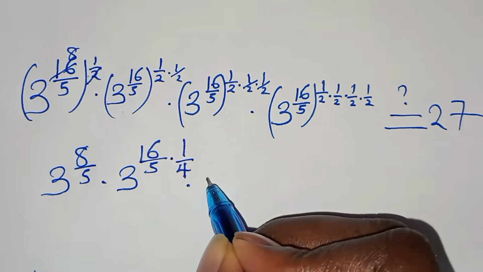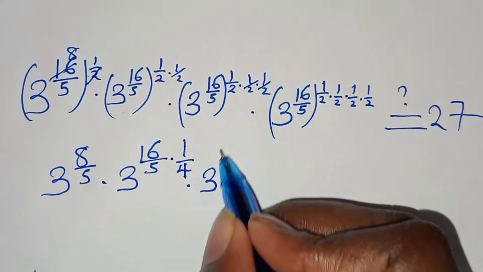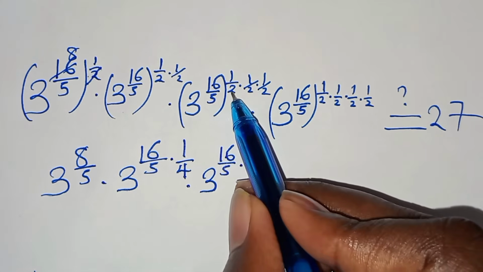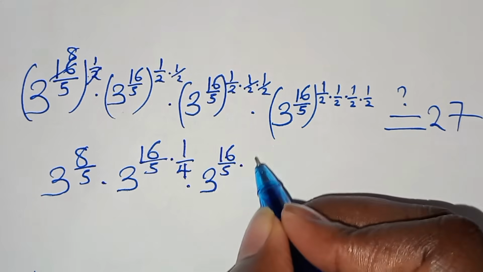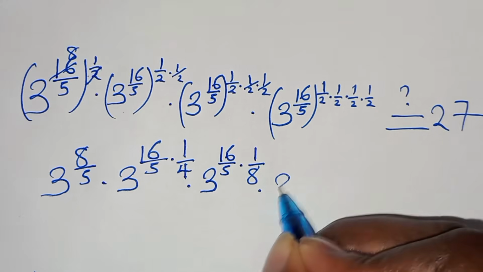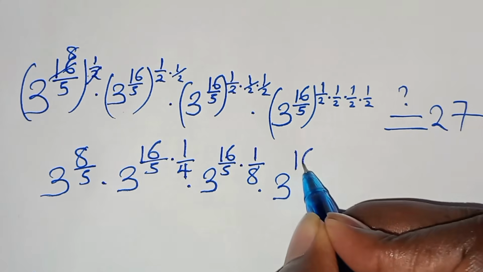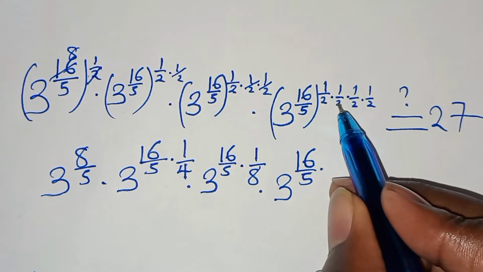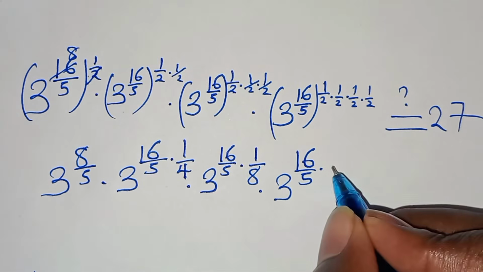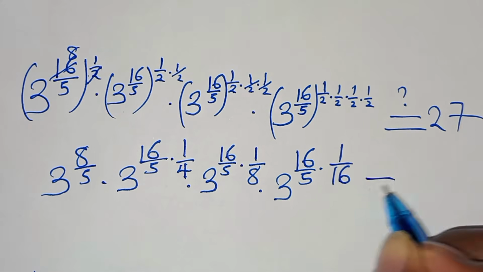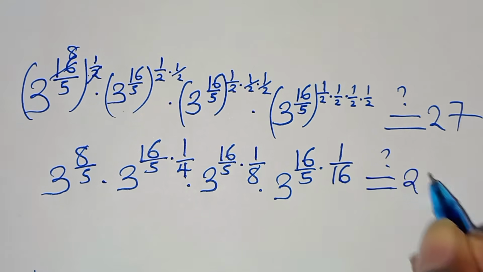Then multiplying by 3 to the power of 16 over 5 multiplying by 2 times 2 times 2, so multiplying by 1 over 8. Then again multiplying by 3 to the power of 16 over 5 multiplying by 2 times 2, this is 4, 4 times 2, 8, 8 times 2, this is 16. So we have 1 over 16. This is supposed to give us a value of 27.